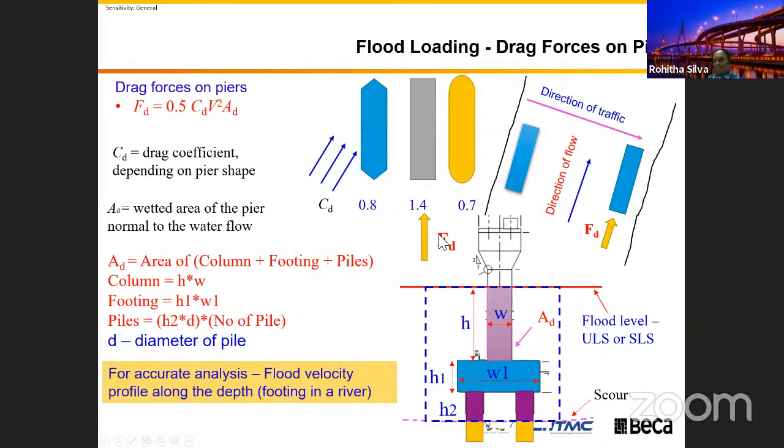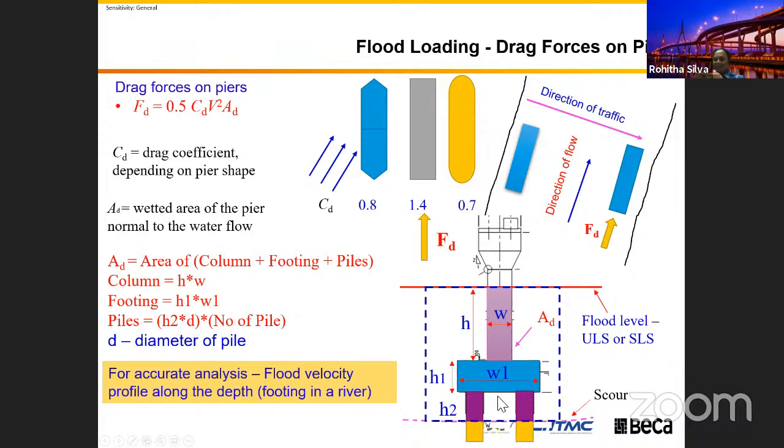So if you know the drag coefficient, if you know the velocity, you know the exposed area of the water pressure, then you can calculate the flood force. Here, for your understanding, I have already calculated this area for you: column section, footing section, and the pile section.